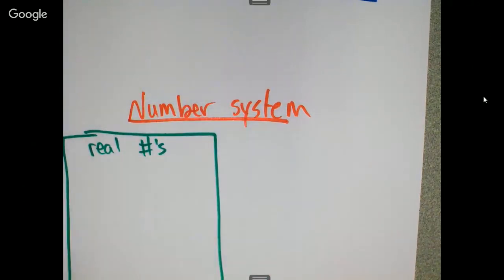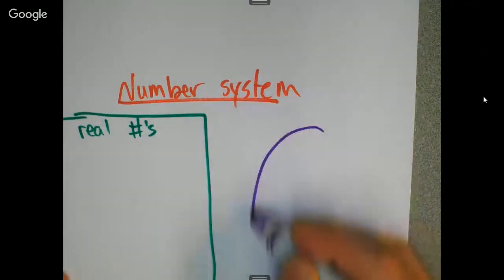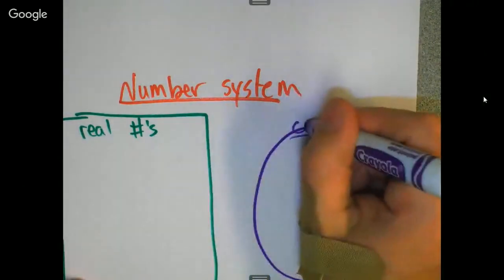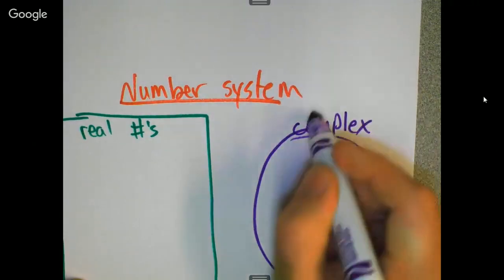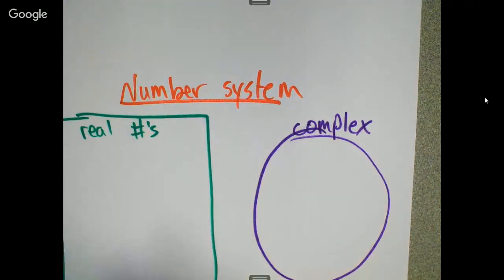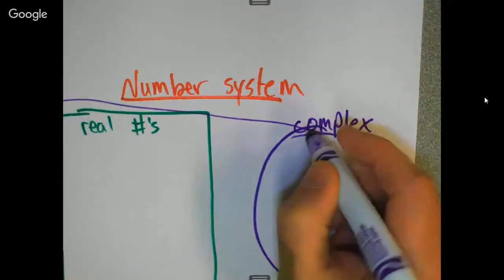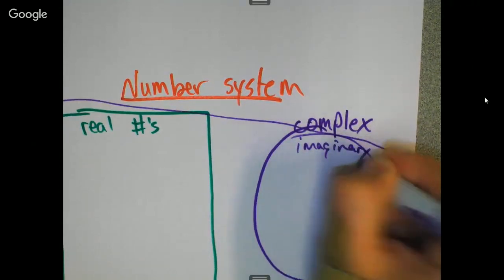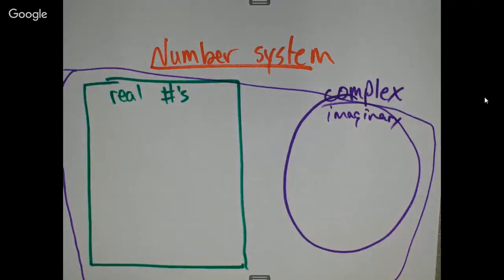Okay, you also have this set of numbers that's related but not really, called complex. That actually surrounds them both. And in here would be imaginary. Okay, but we're specifically going to talk about our real numbers.